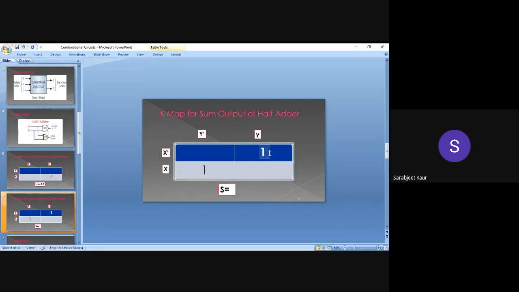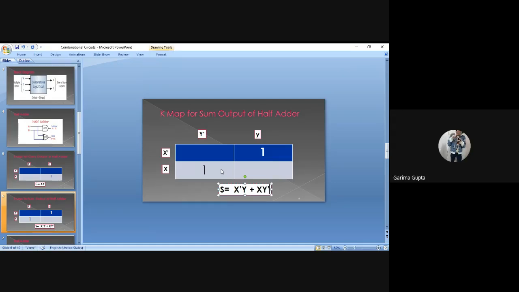What is this? This is x dash y, right? And what is this? This is xy dash. Any problem?